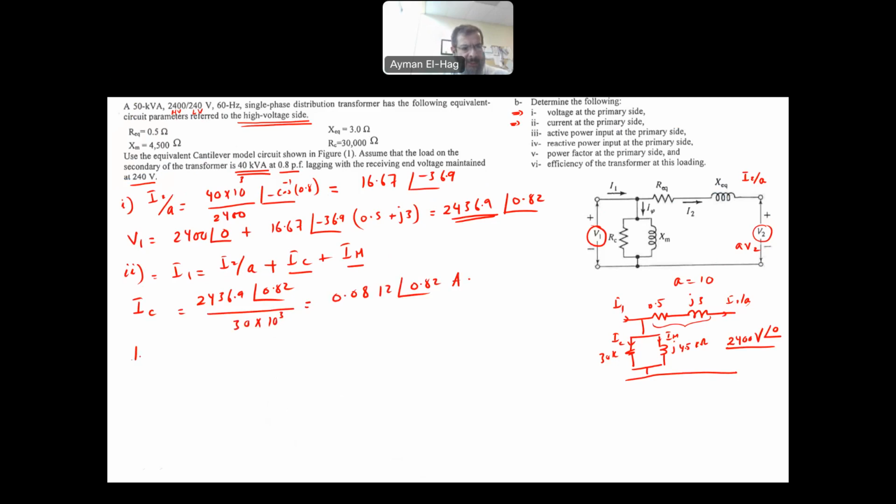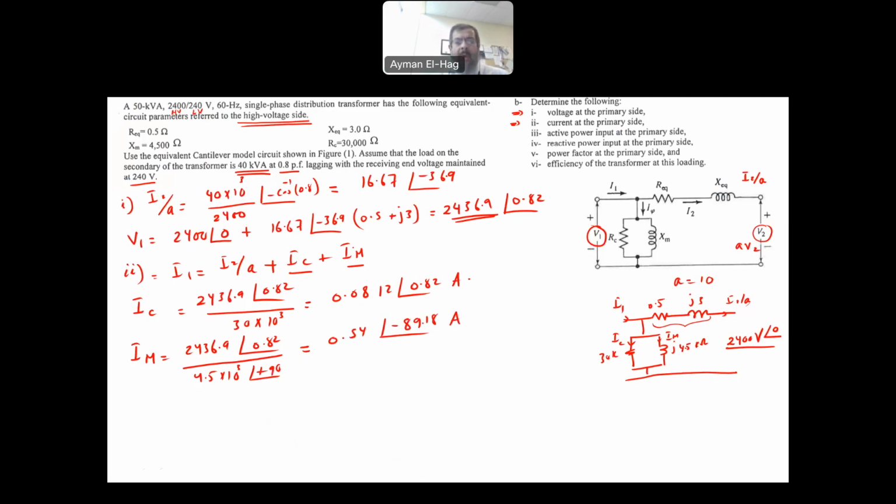On the other hand, your IM is equal to 2436.9 angle of 0.82 divided by 4.5 times 10 to the power 3, because this is J, this becomes plus 90. And this gives me a current 0.94 angle of minus 89.18 amps.